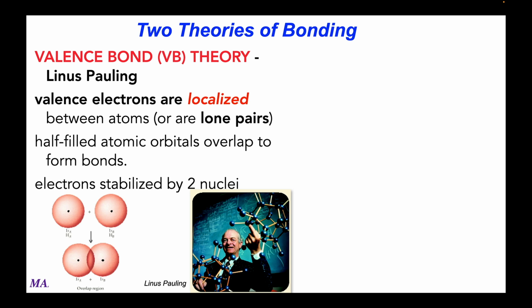But anyway, in valence bond theory, Pauling basically proposed that the valence electrons, those outer electrons on atoms, are localized between atoms, or they can be lone pairs for that matter. Each bond that forms is basically one electron from each atom. Those electrons overlap, and they form bonds that are stabilized by two nuclei. And valence bond is really great for normal kind of operations, which is cool.